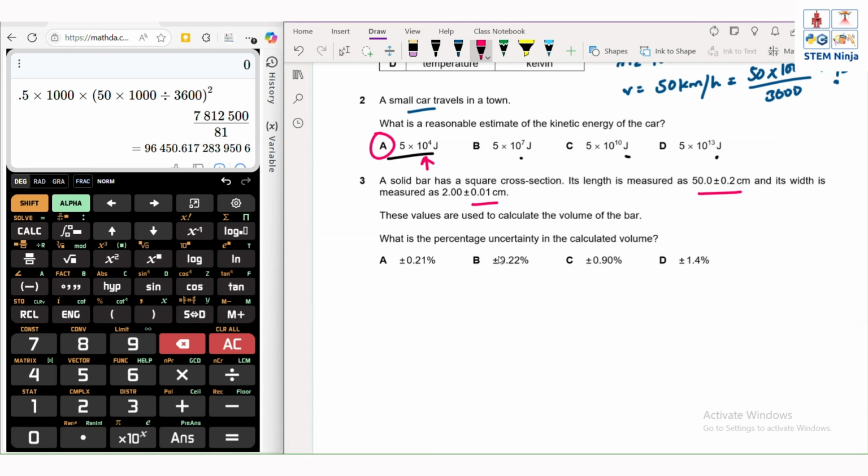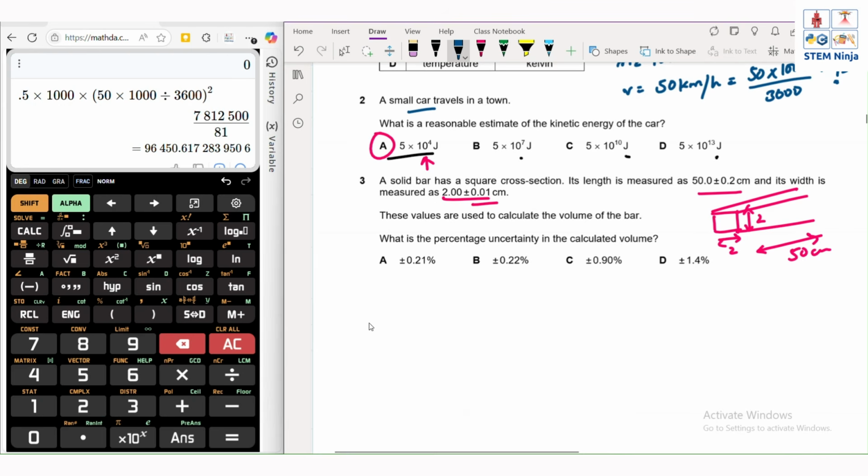What is the percentage uncertainty in its calculated volume? So we have a square cross section over here, which is 2 and 2, and the length is given to us as 50 centimeter.